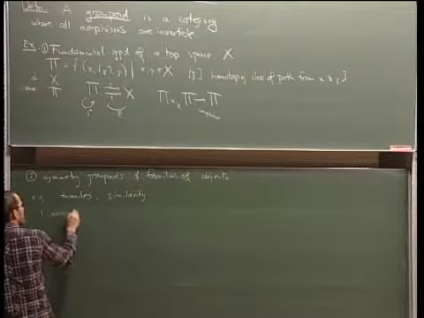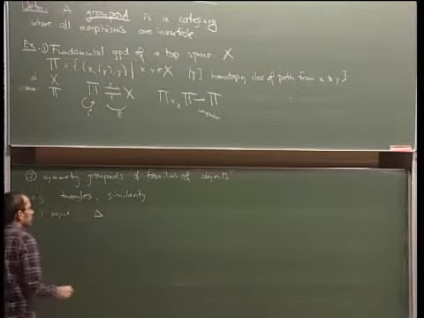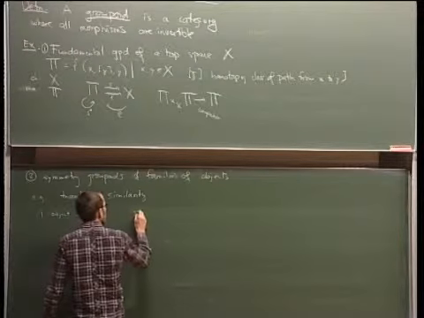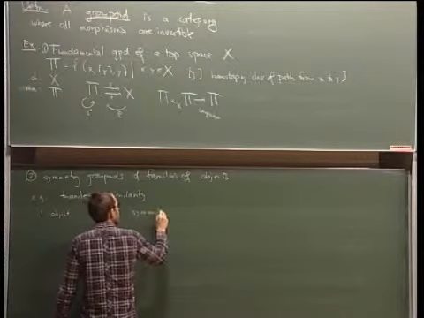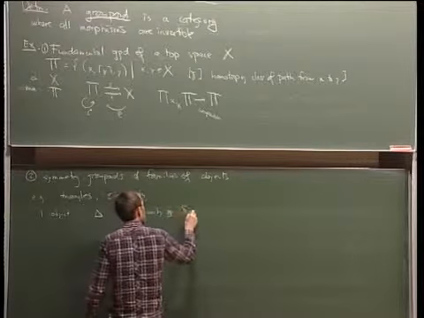So if I just have one object, for example, an equilateral triangle, we get the symmetry group S3.